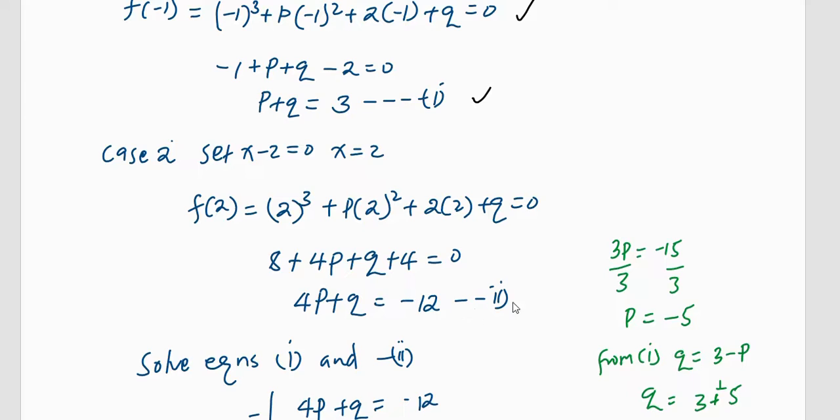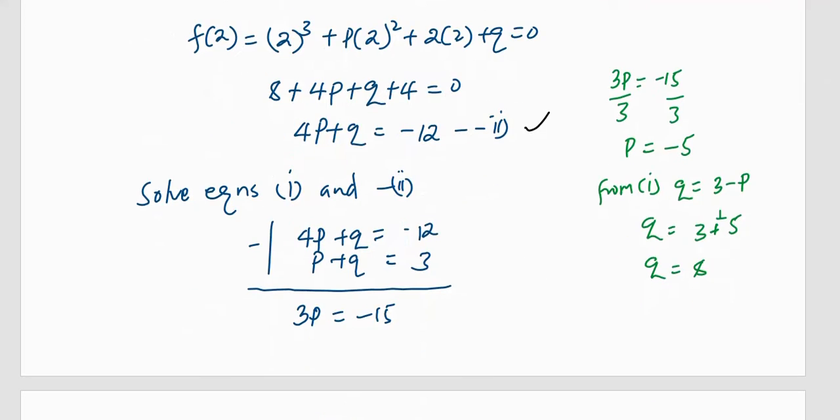When we look at equation 1 and 2, we realize these are two simultaneous equations, and we can solve them simultaneously. If we solve them, we find that 3p is equal to negative 15, and therefore p is equal to negative 5.